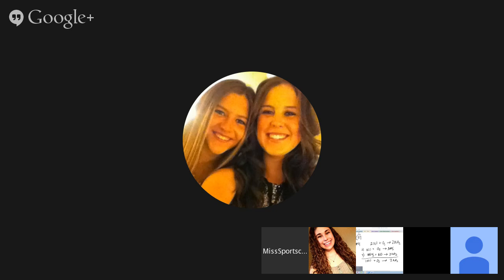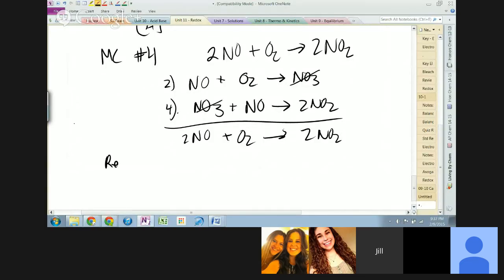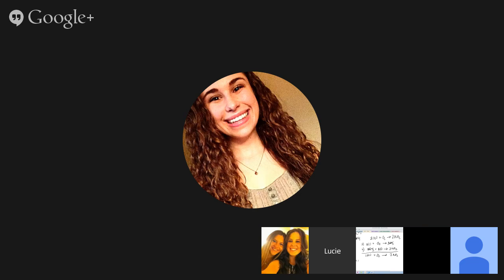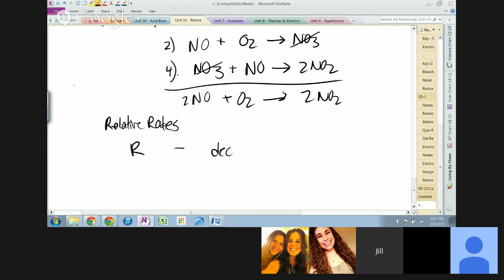I had a question on the very first worksheet we were talking about at the very beginning. I get confused on the positive and negative signs when you get your answer. I can get to the answer, but if it's a reactant, is it always going to be a negative rate? Yeah, we do some magic hand waving and say, if it's a reactant, it will have a negative rate or a decreasing rate.